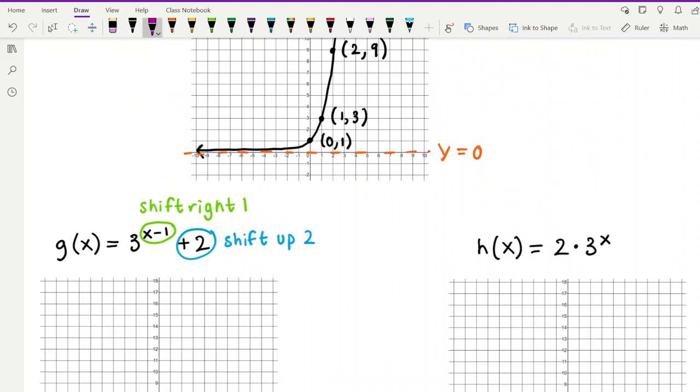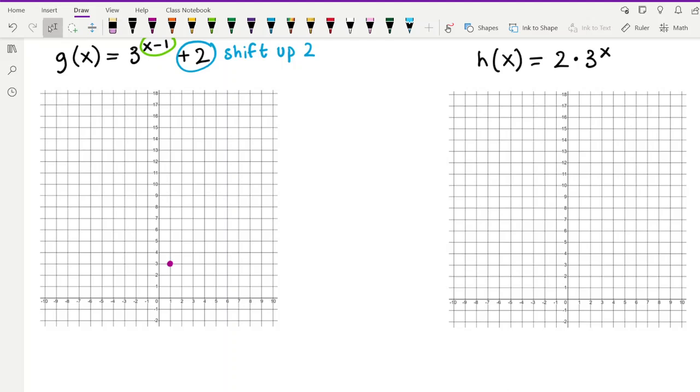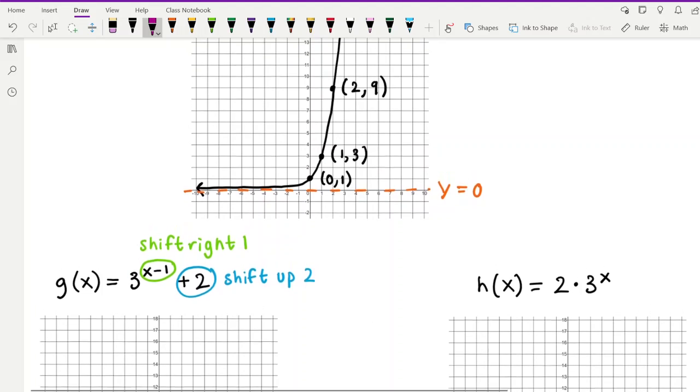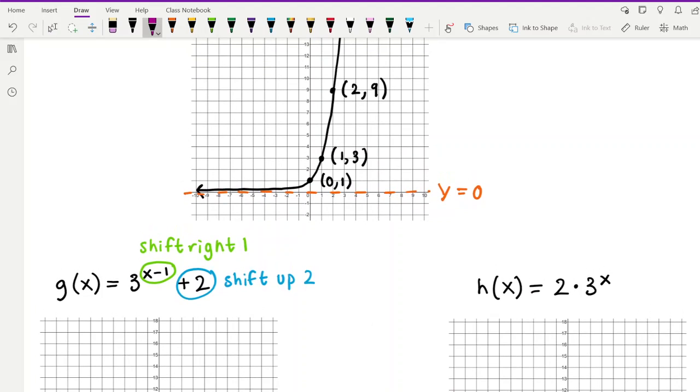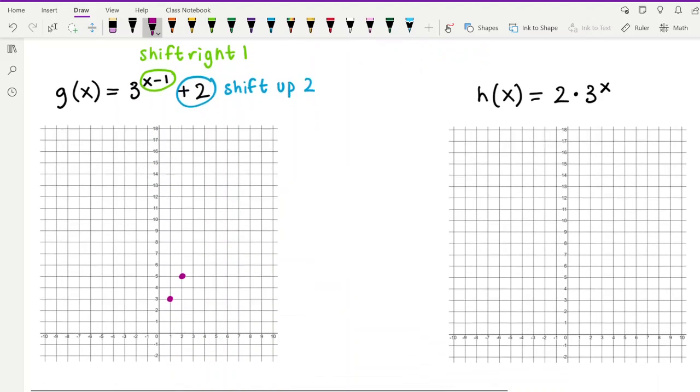Next we have the point 1, 3. If we move that over 1 up 2, it is now going to be at 2, 6. And then finally, we had the point 2, 9. If we move that over 1 up 2, that's going to be at 3, 11. So we want to plot the point 3, 11.